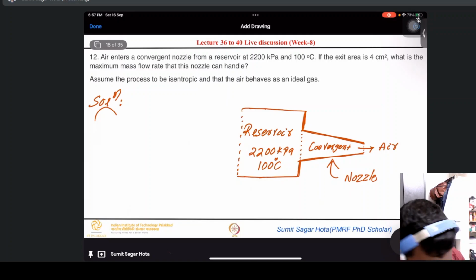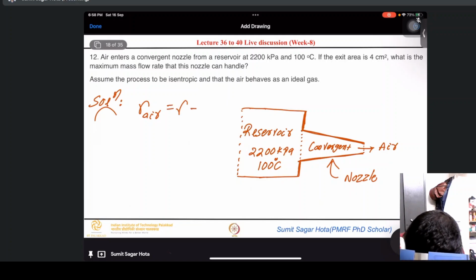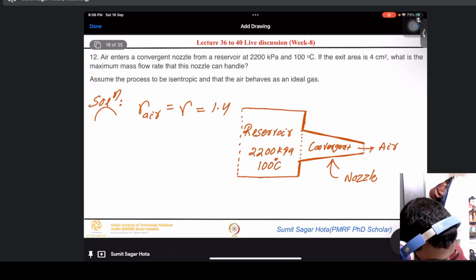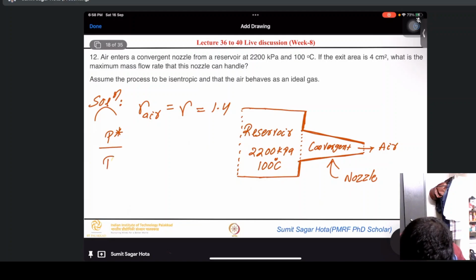Air is coming out from the nozzle. Just apply the things that are given and directly write down the solution. What is the gamma? Air is there, so gamma of air is equal to 1.4.